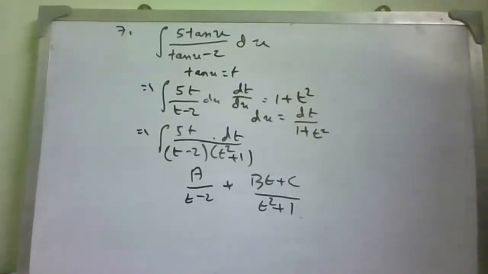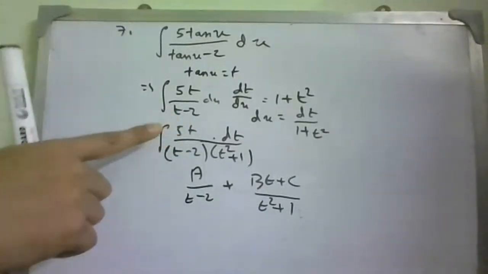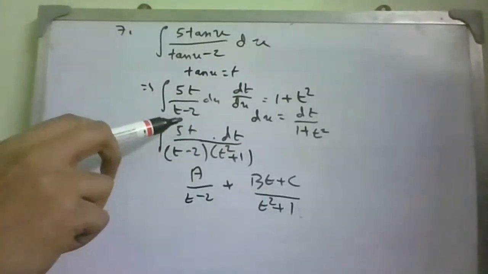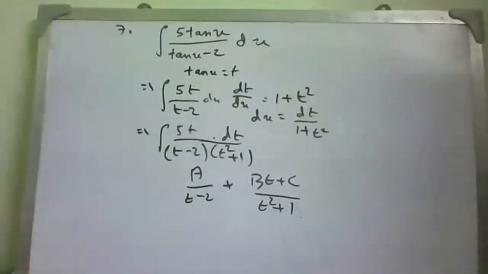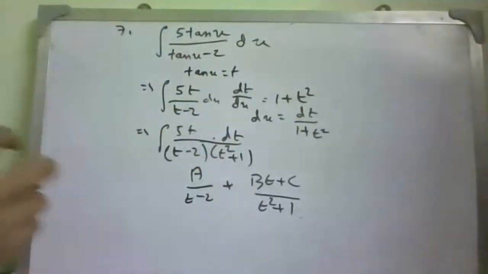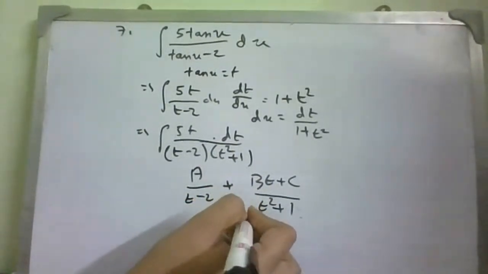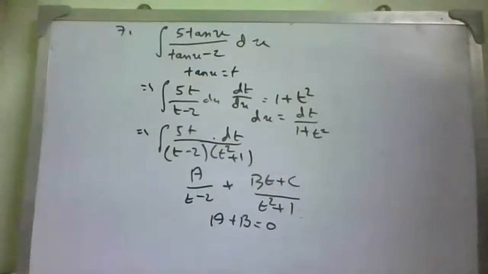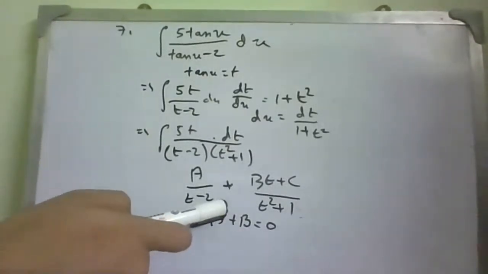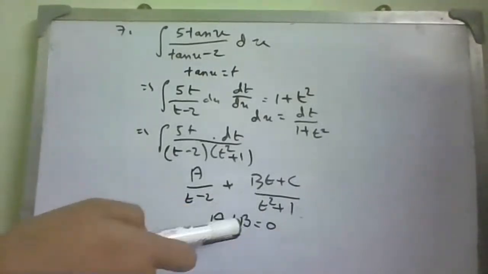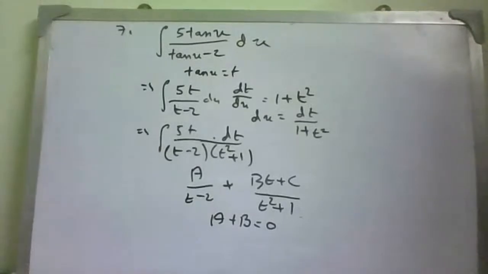As we can see, there is no t square term in the numerator. The only term in the numerator is the coefficient of t, so t is the only thing that will be remaining. So we see that a plus b is equal to 0, because there is no t square term over here.